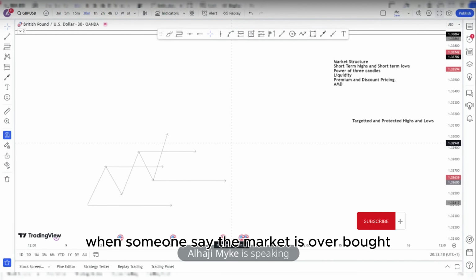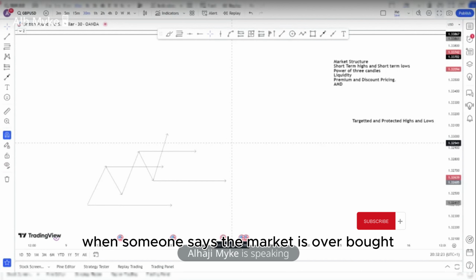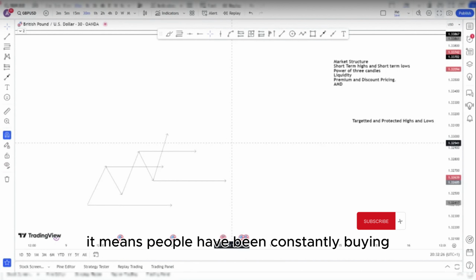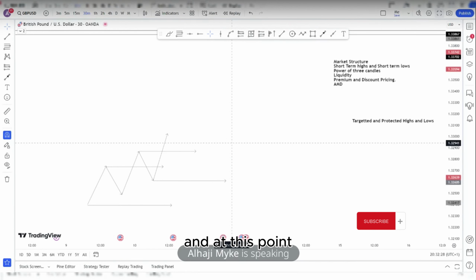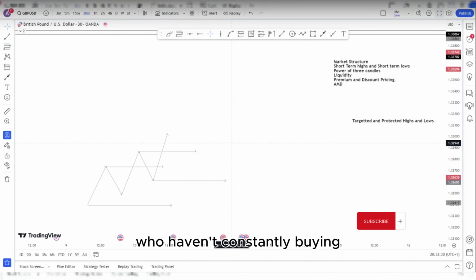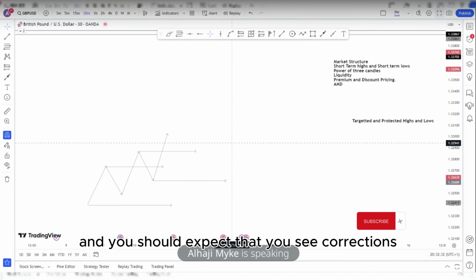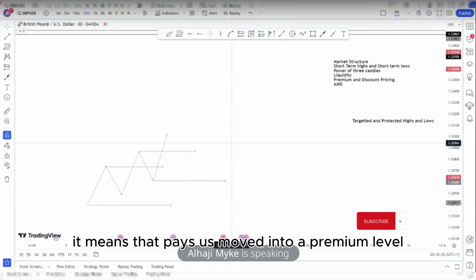I don't know if you've ever heard someone say the market is overbought. It means people have been constantly buying, and you should expect that you see corrections. It means that price has moved into a premium level.